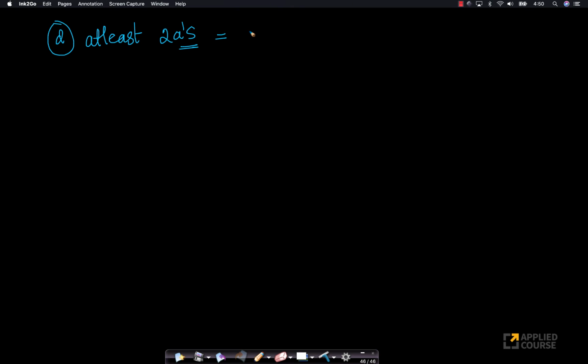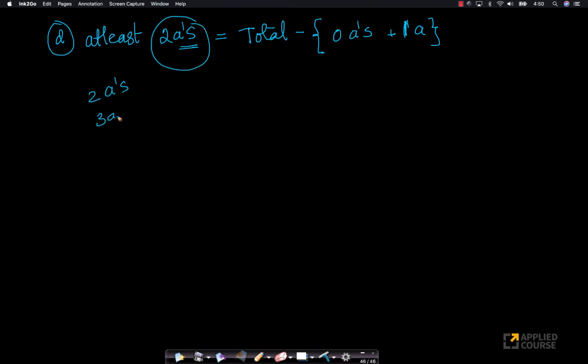Can I write this as the total number of words minus exactly 0 A's plus exactly 1 A? Imagine I want at least 2 A's, which means I need to have 2 A's or 3 A's or 4 A's, and so on. What is this? This is total minus 0 A's and 1 A. Then 2 A's, 3 A's, all the other cases will come in the total, right?